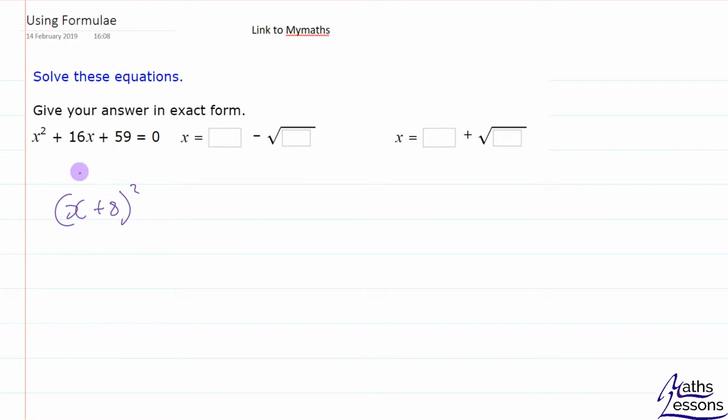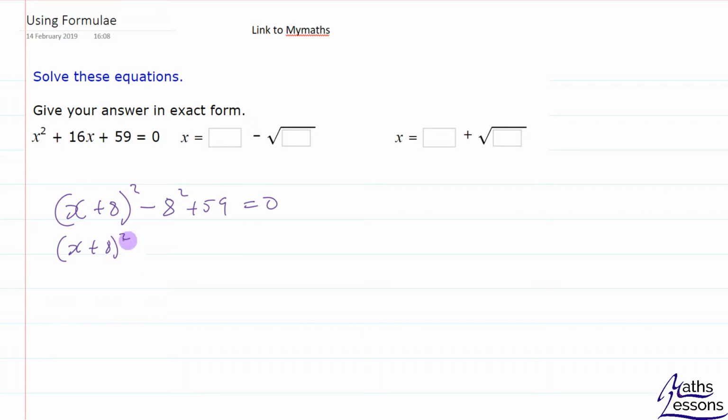Now that will give me the x squared and the 16x, but it'll also give me 8 squared. So a good habit to get into is take away the 8 squared and add on the 59, and that gives you the right number to make this equal that, because 8 squared will give you 64, take away 8 squared will give you 0, then add on the 59 gives you 59.